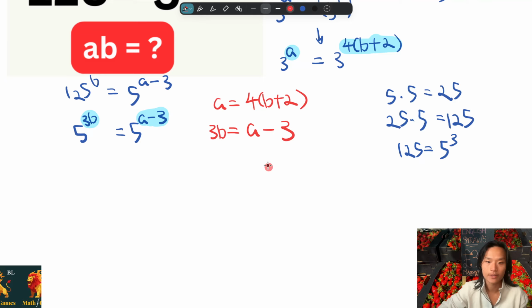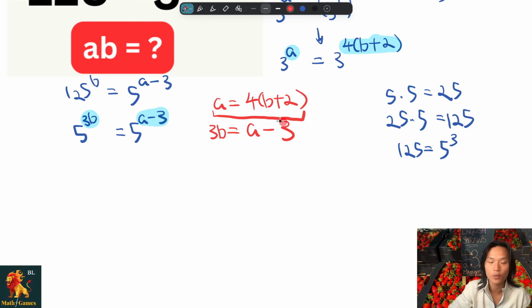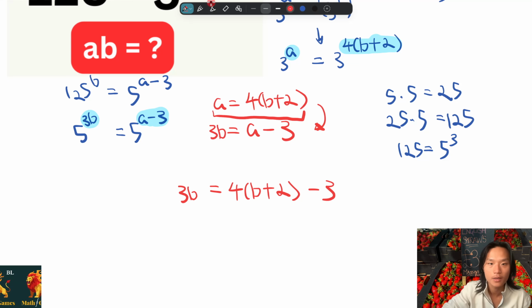We know a is 4 times (b plus 2), so we can substitute that into the second equation. So 3b equals 4 times (b plus 2) minus 3.